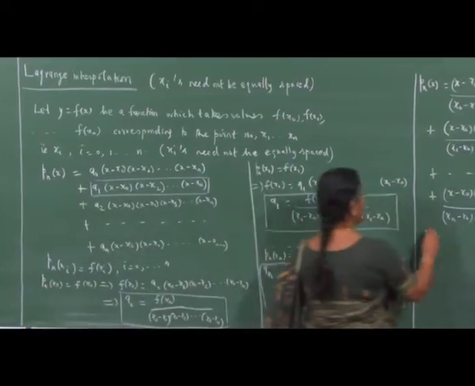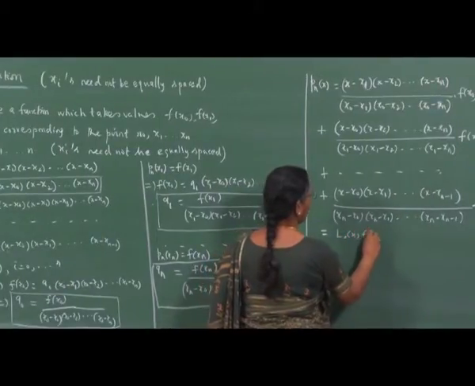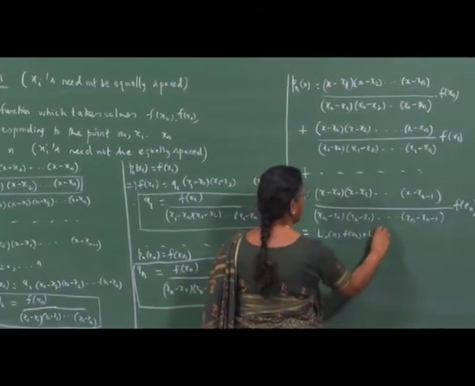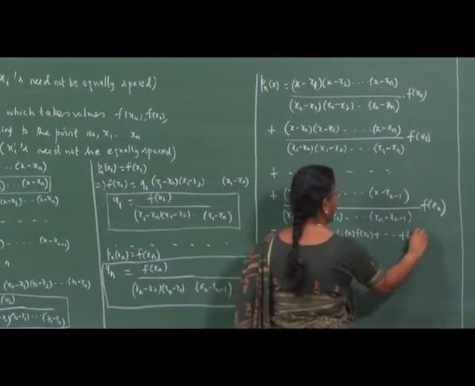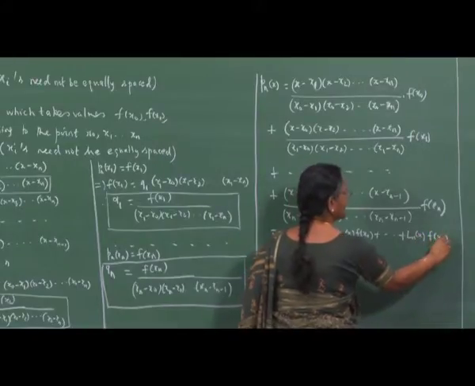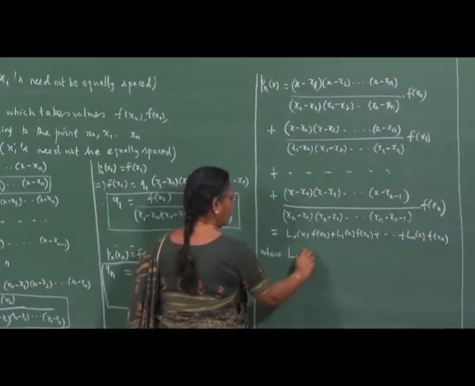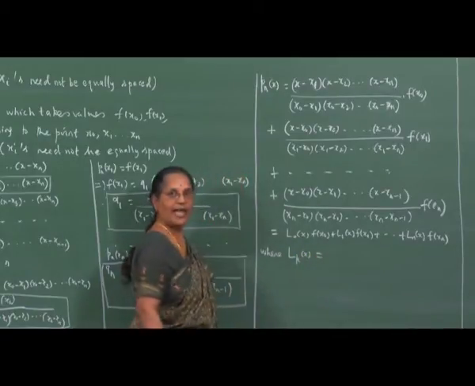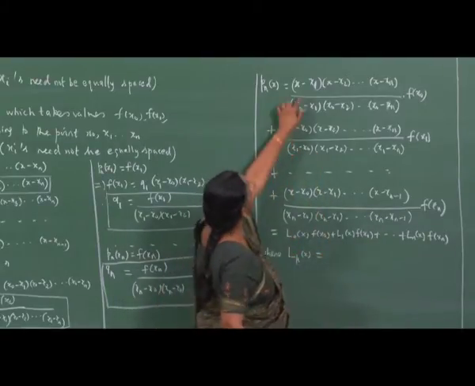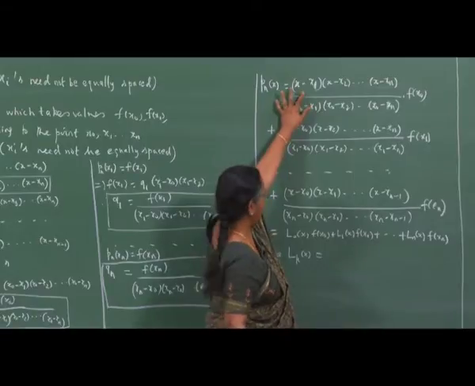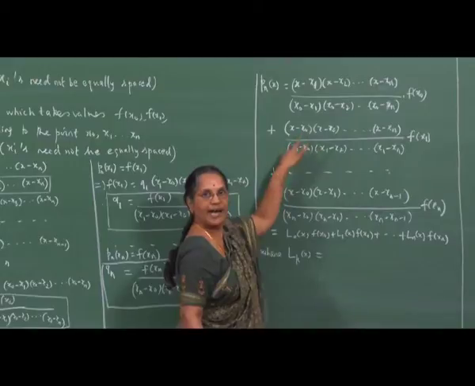So, we can write down this polynomial in the form L naught of x into f of x naught plus L 1 of x into f of x 1 plus etc. plus L n of x into f of x n, where we shall write down what L k of x is. So, L k of x is such that L naught of x does not have the factor x minus x naught, L 1 of x does not have the factor x minus x 1, and so on.